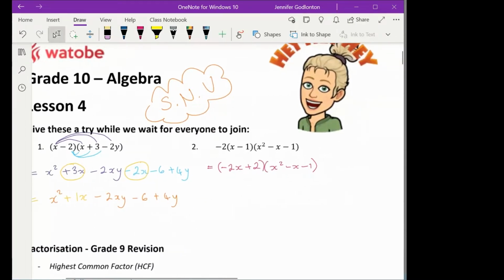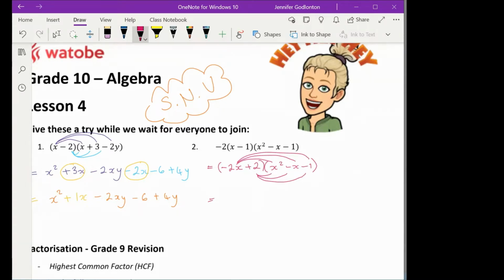Excellent. Next step. Ma'am, then I foiled them. I foiled the negative 2x with the x squared minus x minus 2, and then I did the same with the 2x into the x squared minus x minus 1. Okay, so tell me what numbers you got for that next line.